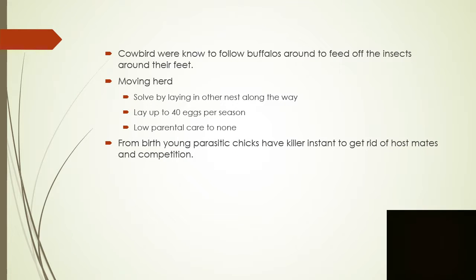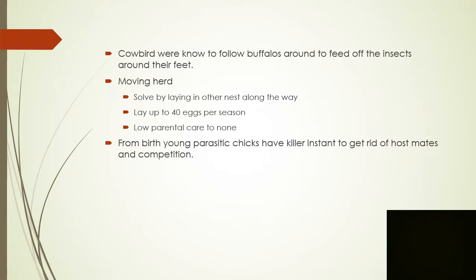A little history of the cowbirds. The cowbirds originally followed the buffaloes around to feed on the insects around their feet. As the buffalo herd is migrating, that leaves them little to no time to sit and build a nest and rear their young.